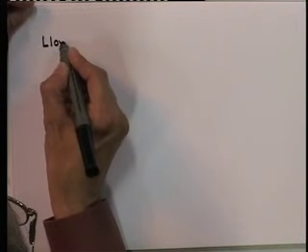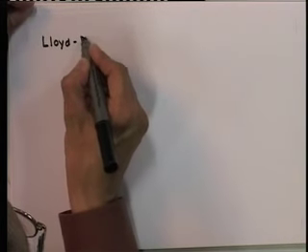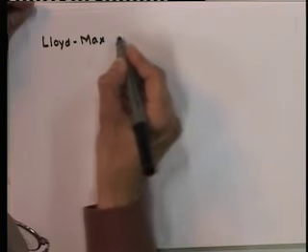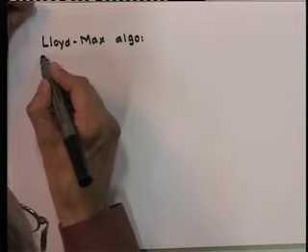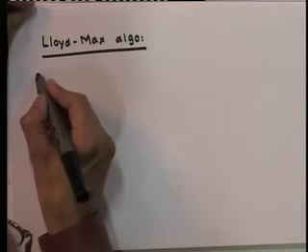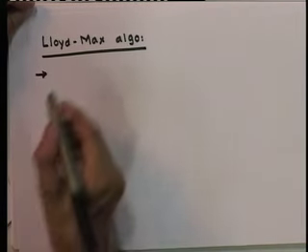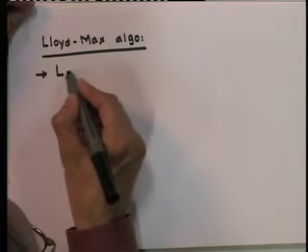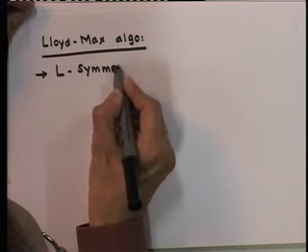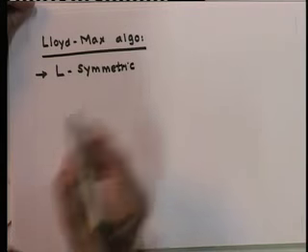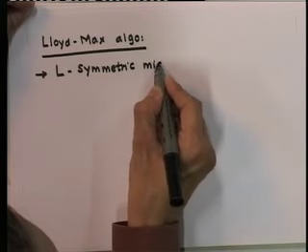So, the Lloyd-Max algorithm works as follows. Suppose we want to design an L level symmetric mid-rise quantizer.